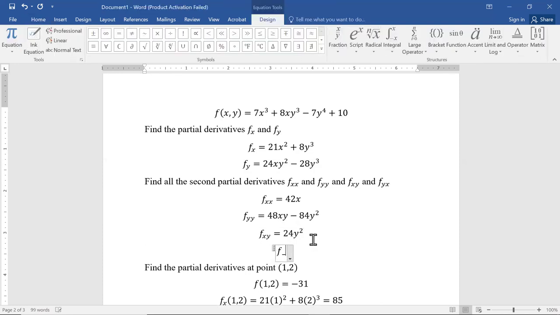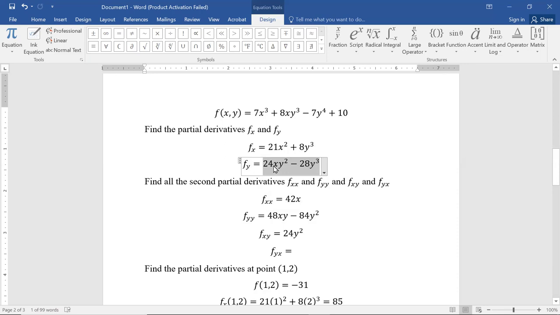Let's do f sub yx. This is where I take the derivative with respect to y. Again, we've already done that. And then I take the derivative of this function with respect to x. Now, with respect to x, this second term goes to 0 when I take the derivative because that's a constant with respect to x.